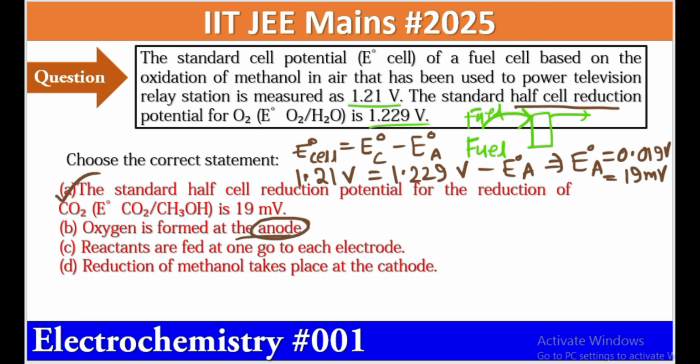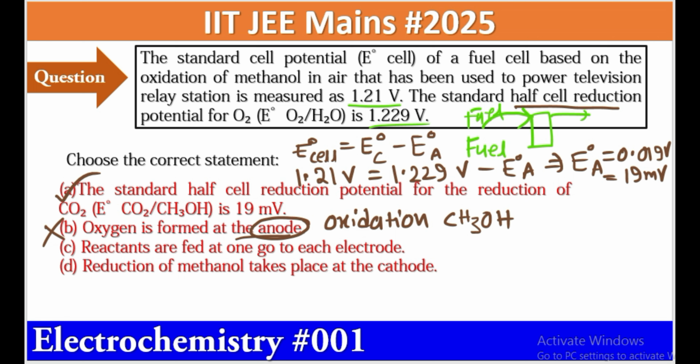Why? Because at anode oxidation happens, and oxidation of what? Oxidation of methanol, CH₃OH. Since at anode oxidation happens, oxygen is not formed at the anode. So statement B is wrong.